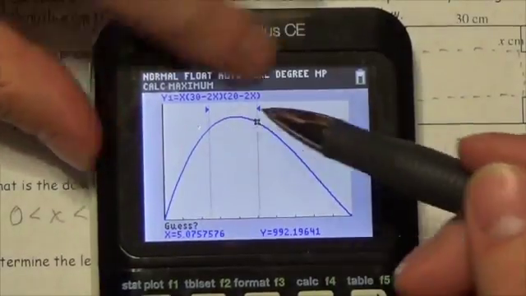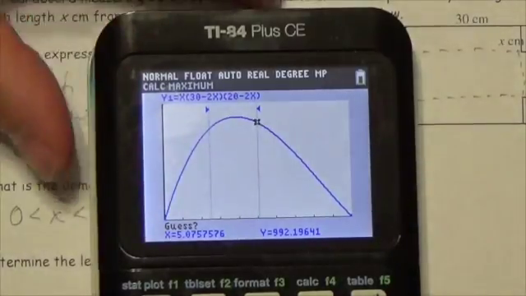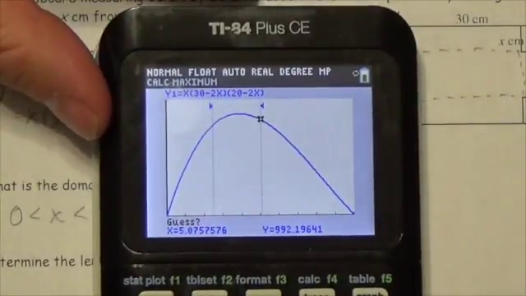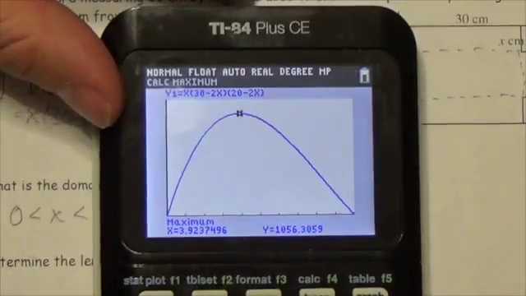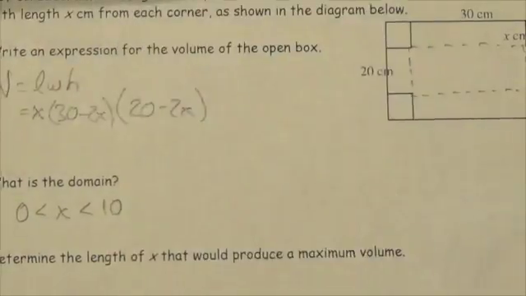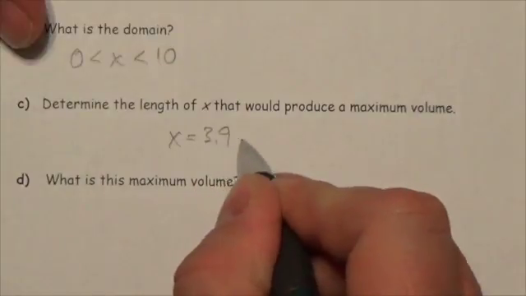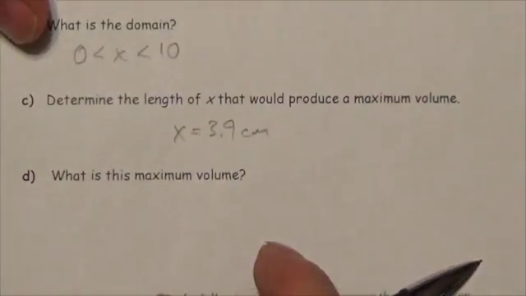Press enter so that the maximum is between those two lines there. It's waiting for me to confirm its guess. Just press enter. It thinks a little bit, and it tells you here that the maximum occurs when the x value is 3.9. Okay? So when x is 3.9 centimeters, that's when we're going to get the maximum volume.